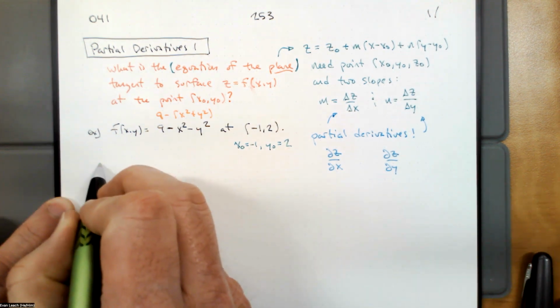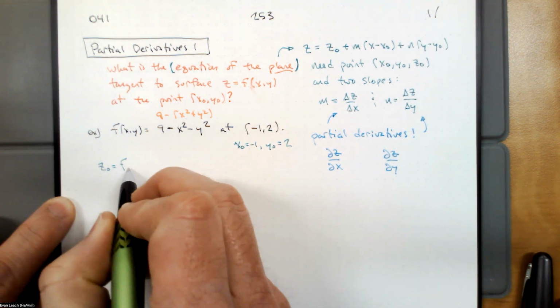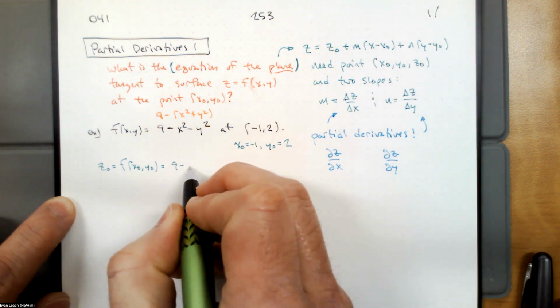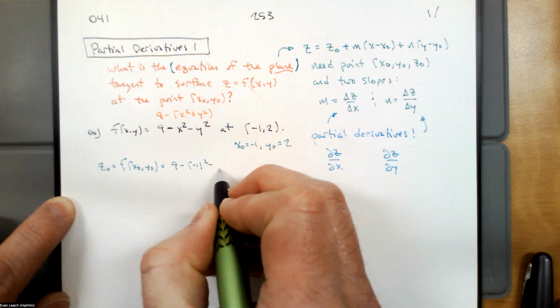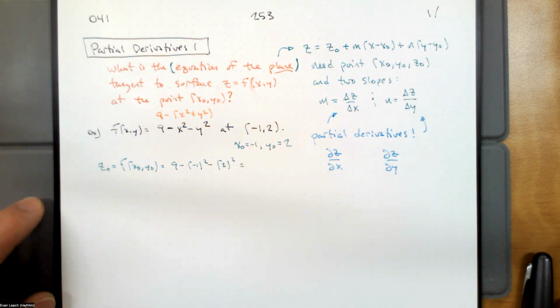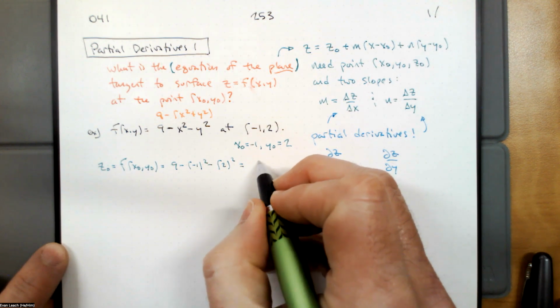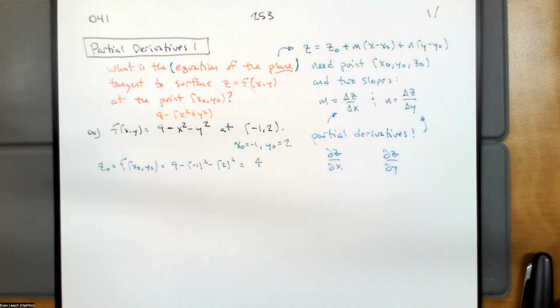So z naught will be f at x naught, y naught. So we plug in to find the point. 9 minus 1 minus 4 is 4. Now we've got a point: -1, 2, 4.